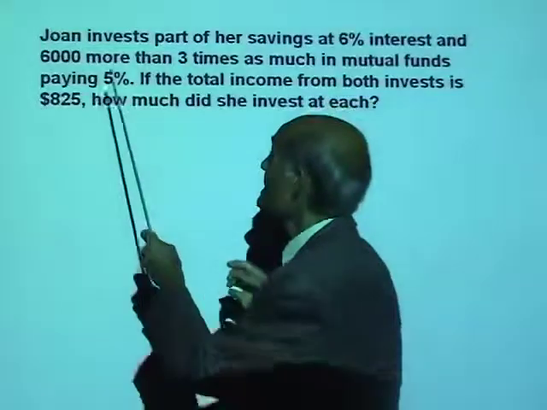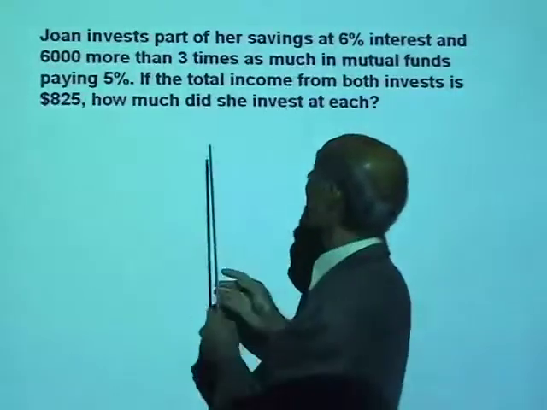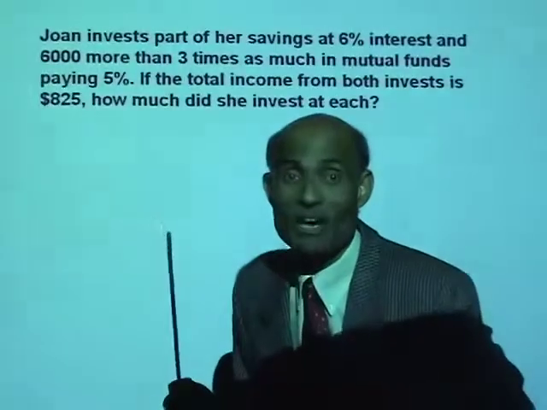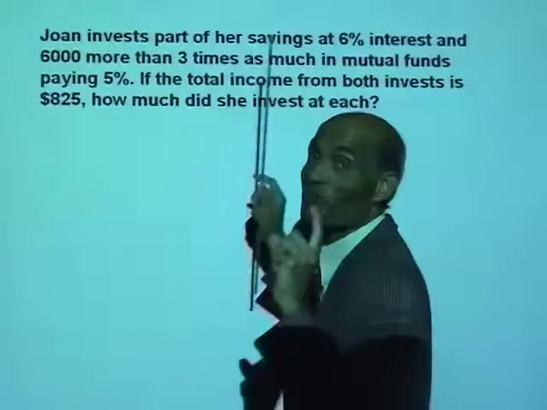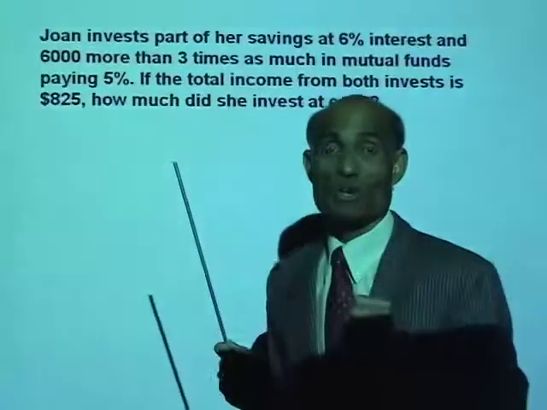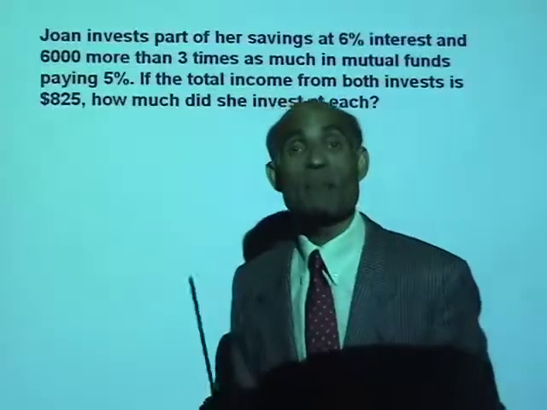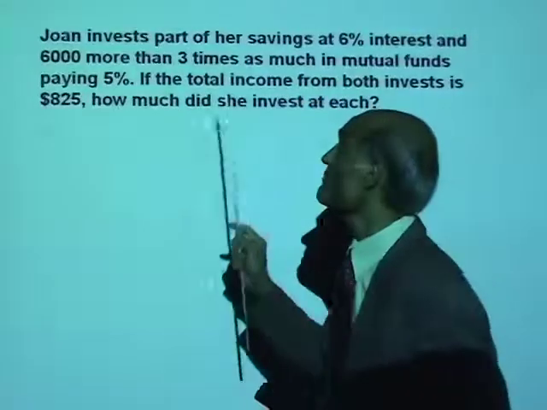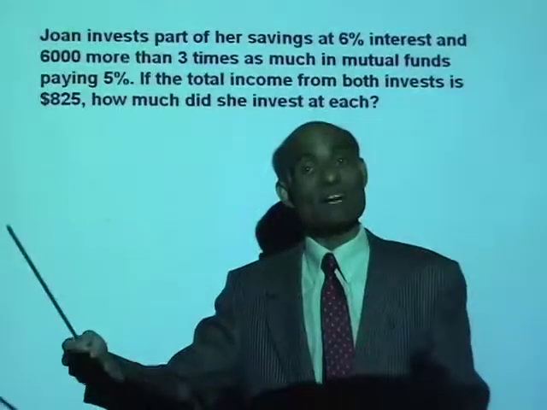Well, it says 6,000 more than 3 times as much. As much stands for the amount she invested in the first. So, we need to start by saying that let the amount of money Joan invested at 6% be equal to X.